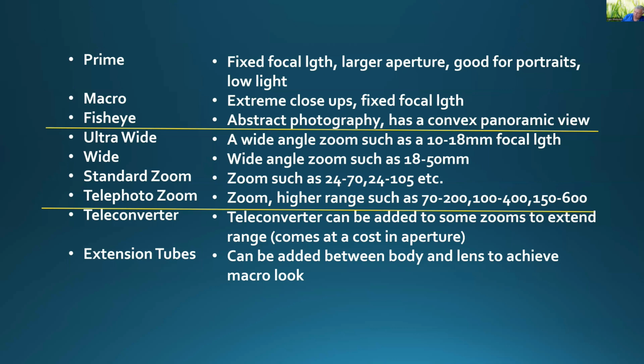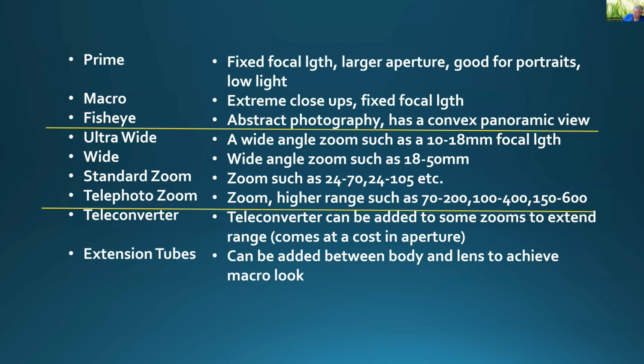However, it's going to take away some of your light. So if your 70 to 200 is an f2.8 lens, it's probably going to drop down to like an f4. It's going to give you the extra range, but if you're in a dark circumstance, you probably don't want to use it.